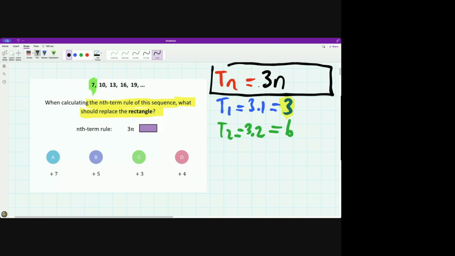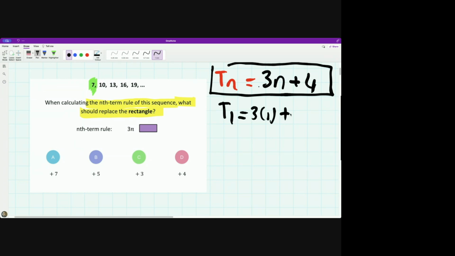I think that our formula has to be plus 4. So let's check if this formula describes this number pattern. T1 is 3 times 1 plus 4, which is 7.